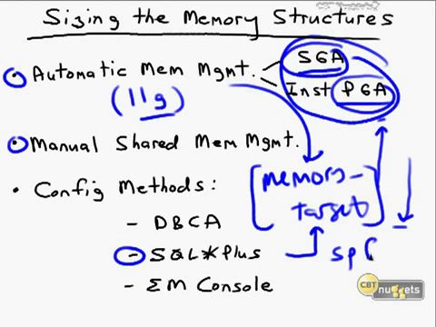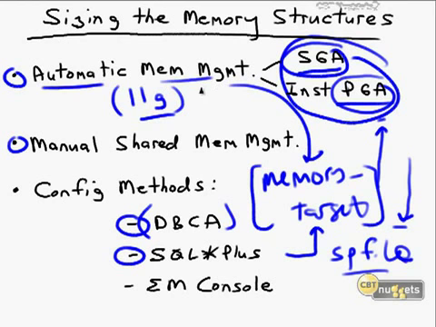That's going to modify your server parameter file. Actually, all of these changes will do that, and we'll describe the P file and the SP file in due time, so hang on to your hats. When you create a database using the Database Configuration Assistant, one of the screens allows you to size memory, again, either specifying memory target and letting Oracle take care of sizing memory, or you can do it yourself.